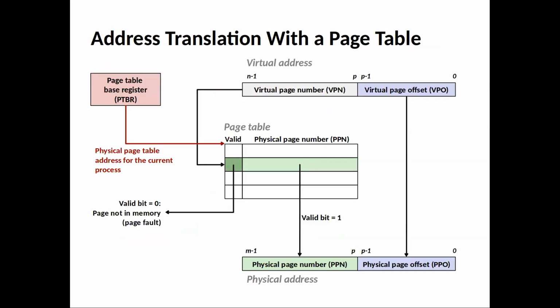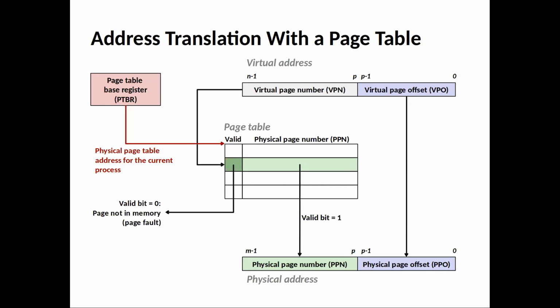So let's look one more time at how we can extract this from the virtual address. Let's say a virtual address is a pointer in your program. We have the virtual page offset from 0 to p minus 1, where p is the number of bits in the page size. Say we have a 12-bit page size, so 2 to the power of 12 is 4096, or 4 kilobyte pages.